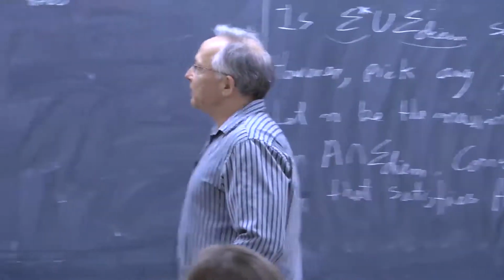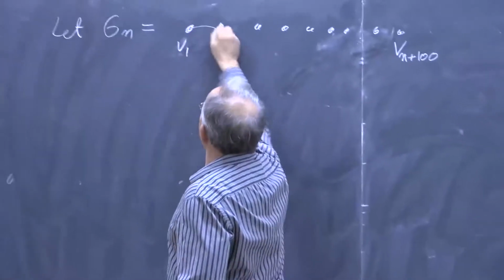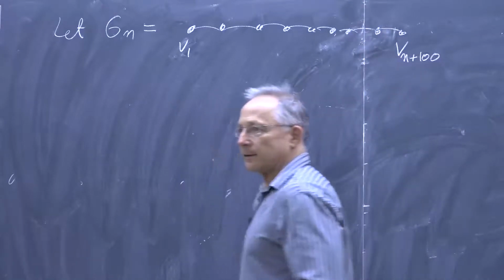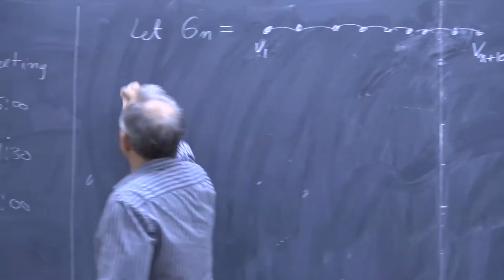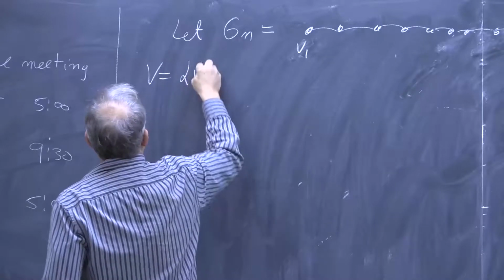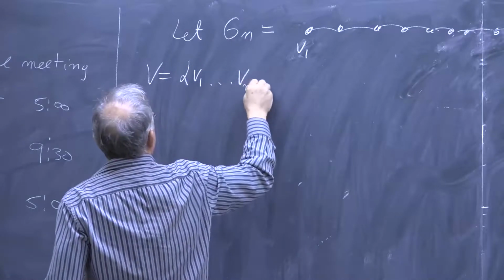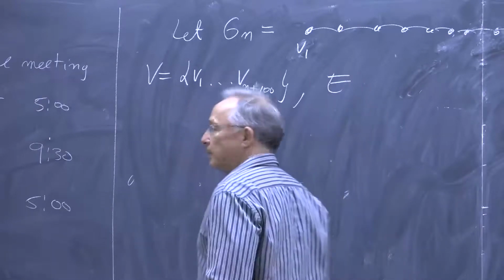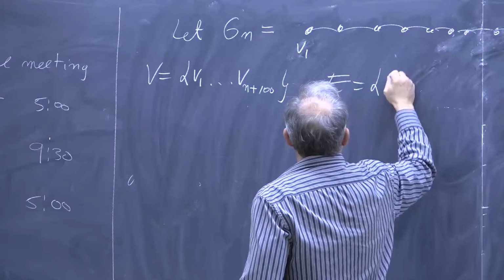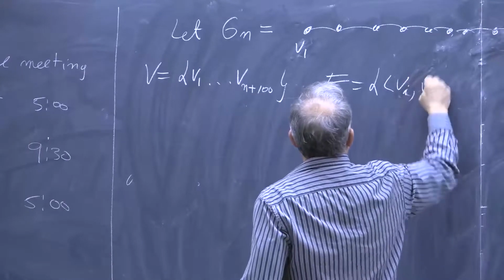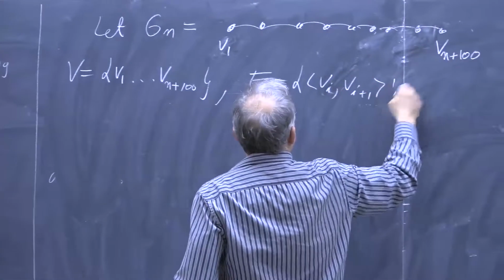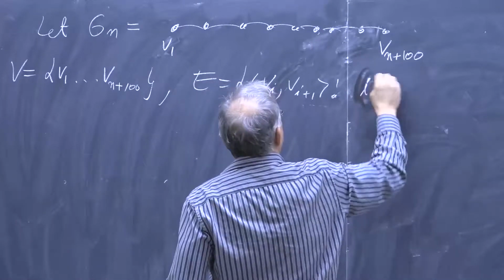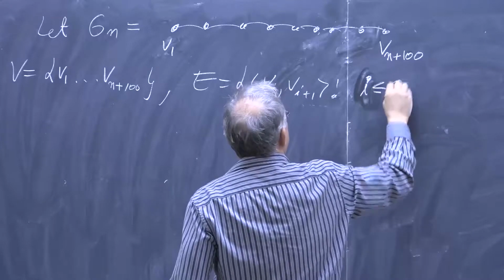And my edges will just go from each Vi to Vi plus 1. Right? So the set V will be V1 up to Vn plus 100. And the set E, the set of edges, will be the set of all Vi, Vi plus 1, such that i is less or equal 99.